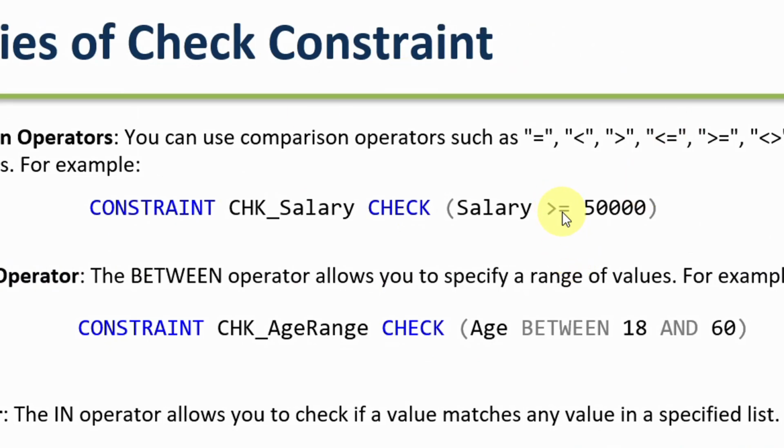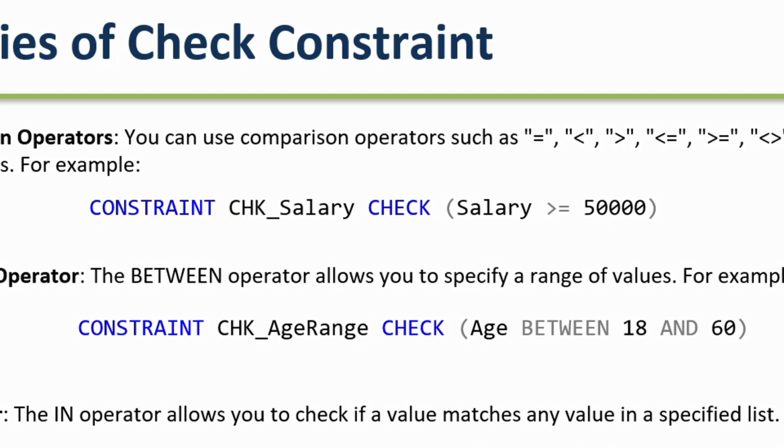Not only greater than or equal to, you can use equal to, less than, greater than, less than or equal to, or not equal to as well, right? So I can say check the salary where the salary is not equal to 10,000, or where the salary is greater than 2,000. All of these operators can be used with the check constraint to create a variety.